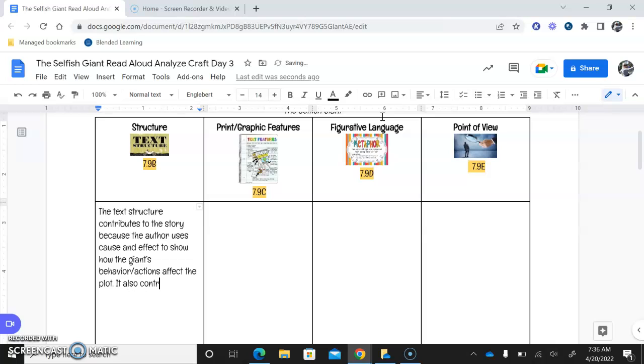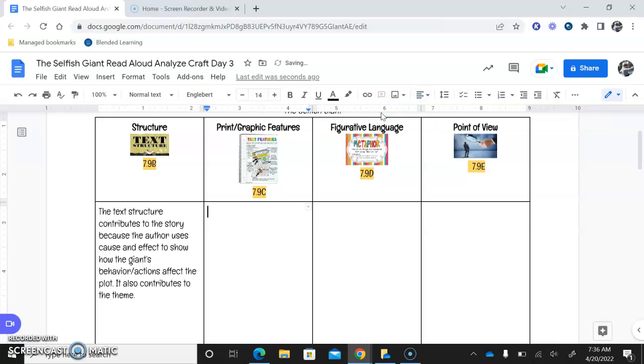It also contributes to the theme. Now, we talked about in the previous video how the theme is that the selfishness of the giant in the beginning of the story made it possible for him to take things for granted that he later became appreciative of.